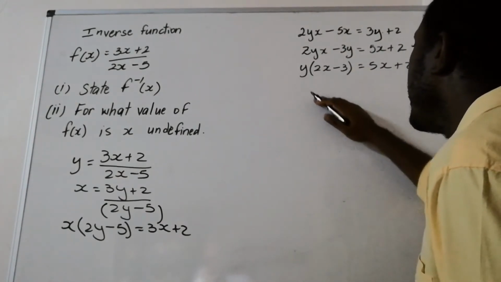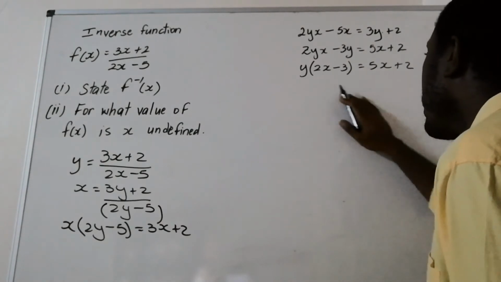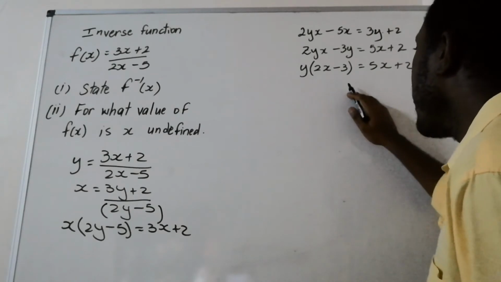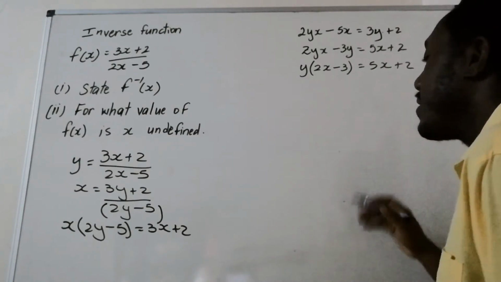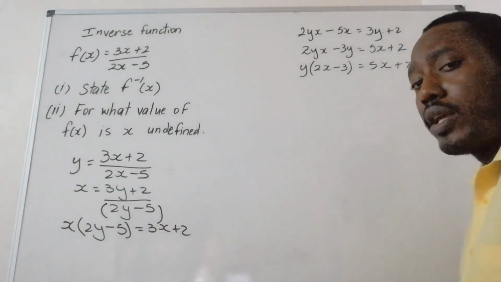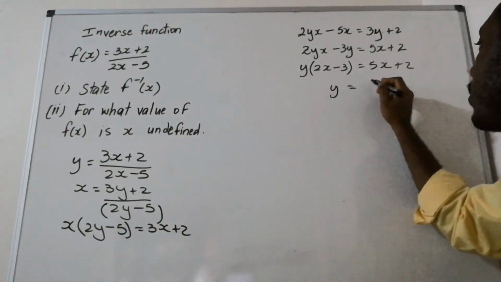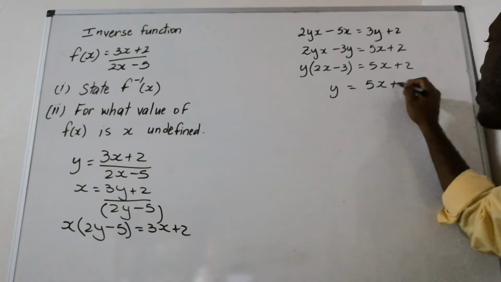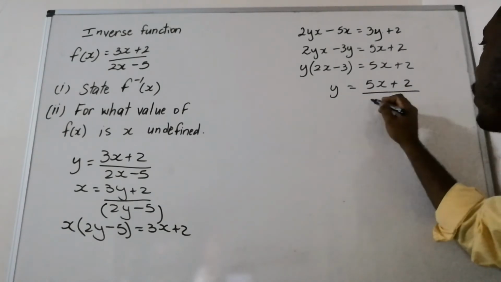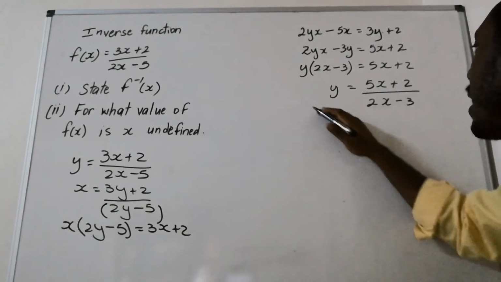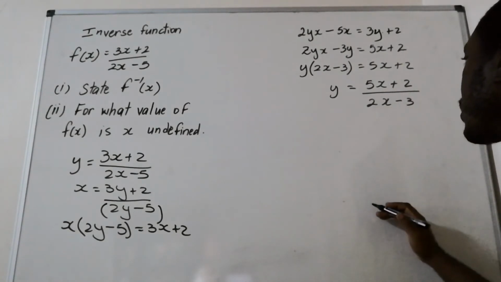Now since y is multiplying, we will take our 2x minus 3 on the other side, and since it's multiplying, we will bring it over and we will divide. So y is equal to 5x plus 2 over 2x minus 3.